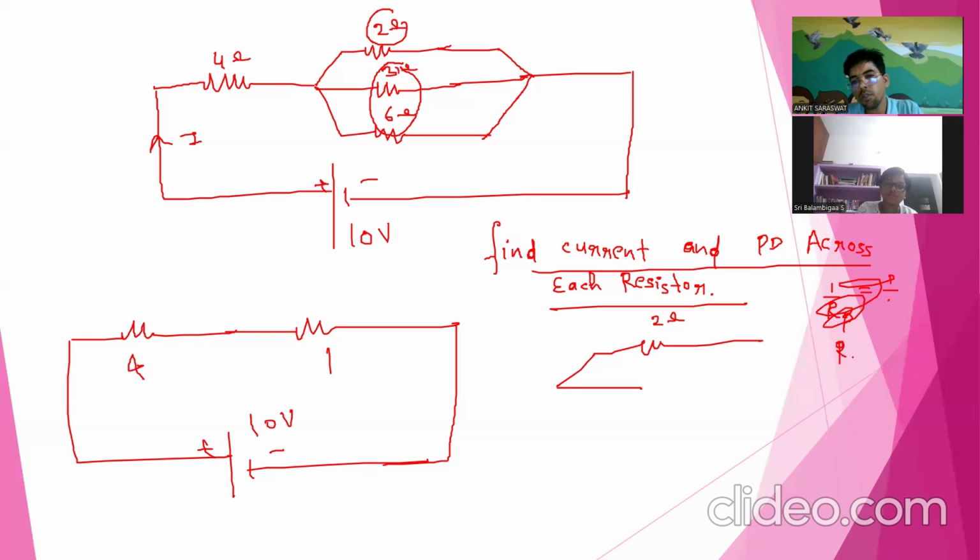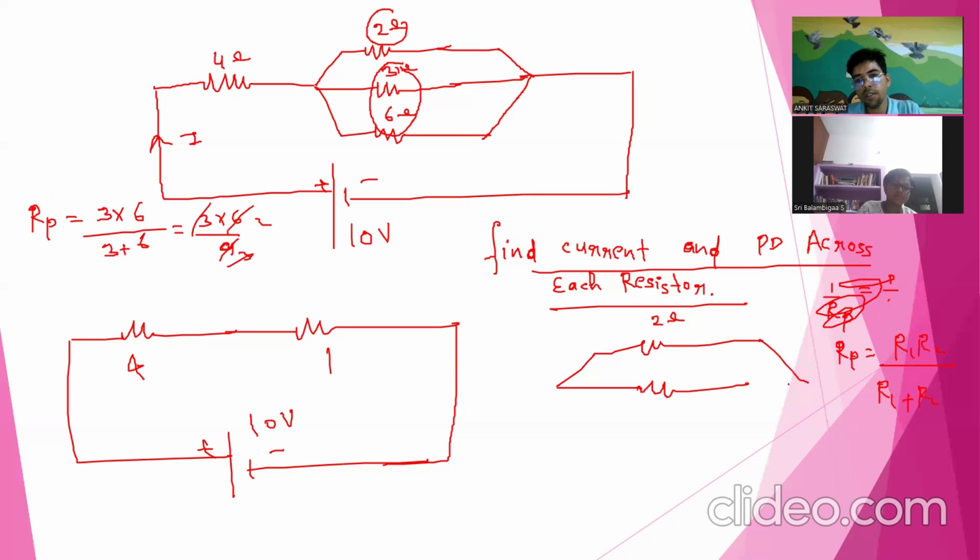Rp is equal to R1 R2 by R1 plus R2. A direct formula. Then Rp will be what? R1 is 3, R2 is 6: 3 into 6 by 3 plus 6, which is 3 into 6 by 9. 3 3s are 9, 3 2s are 6. So 2 ohm. Clear?